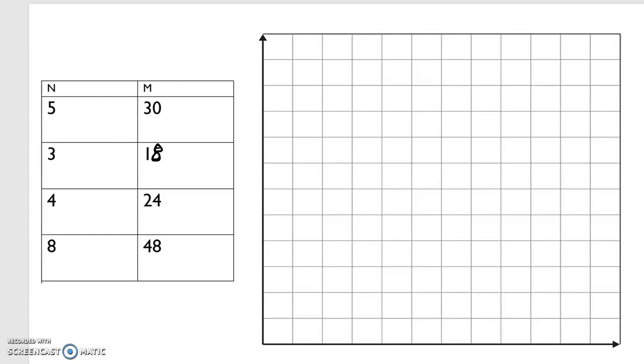Here I have the points (5, 30), (3, 18), (4, 24), and (8, 48). Again, the first column is going to be the x, the second column is the y. Noticing on this graph, we don't have values listed on the graph. So before I can put these points on, I'm going to number.